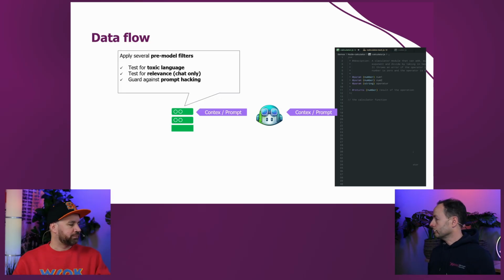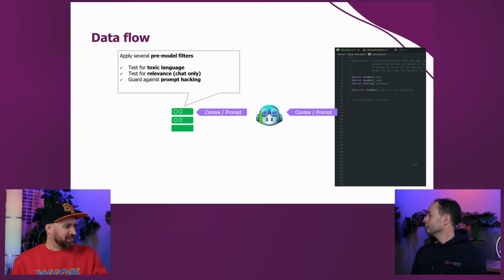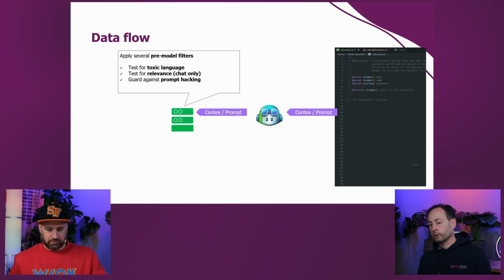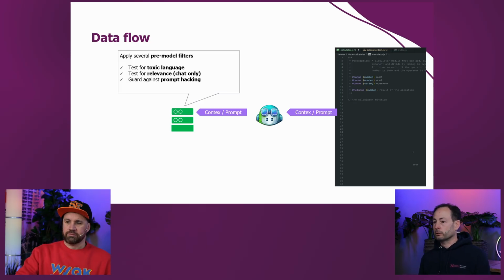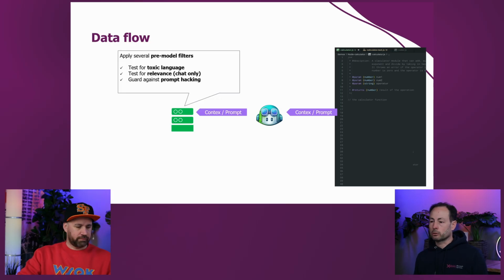So if you want to generate a poem, there are better tools. Don't use Copilot for that. You can trick it into doing so, but you know. And the last one is the guard against prompt hacking, and that is to prevent you from trying to reveal service internals of GitHub Copilot. That can be endpoints or passwords or whatever. There are some guards in the proxy that prevent that from happening.